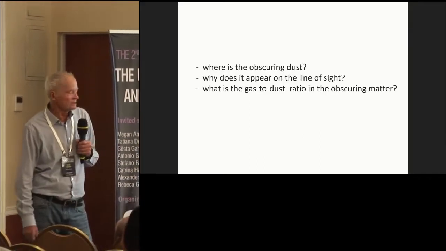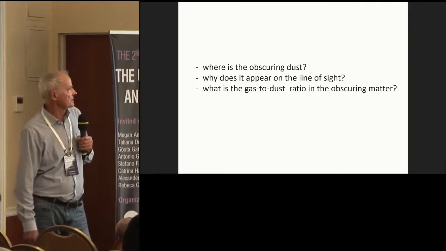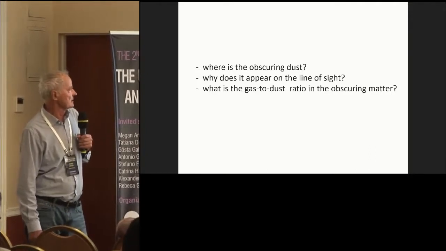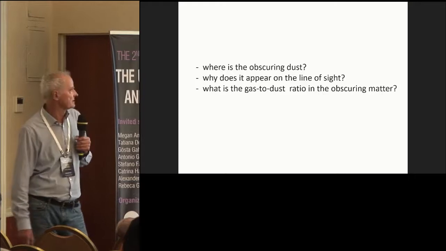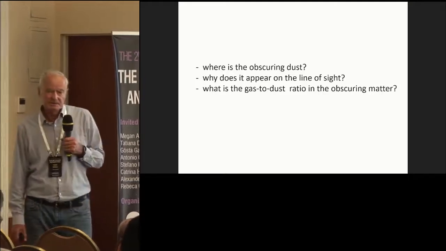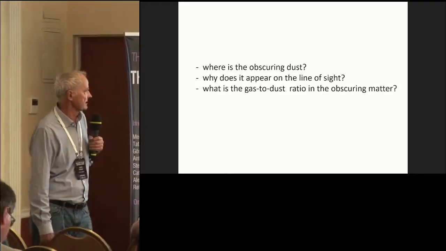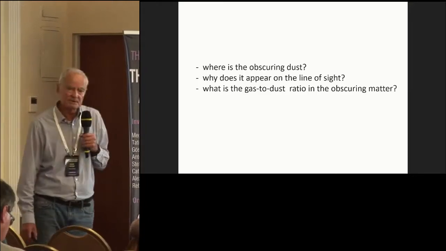The main questions we try to answer are: where is the obscuring dust? Why does it appear on the line of sight? And what are the dust properties, for example, the gas-to-dust ratio in the obscuring matter?